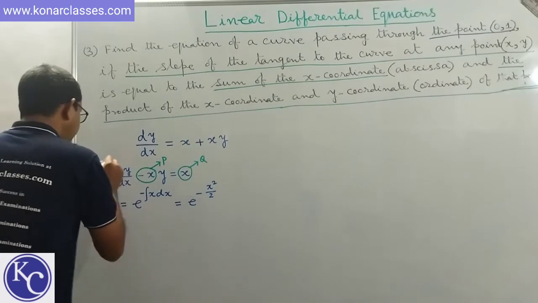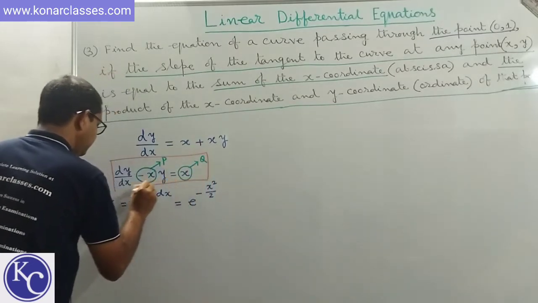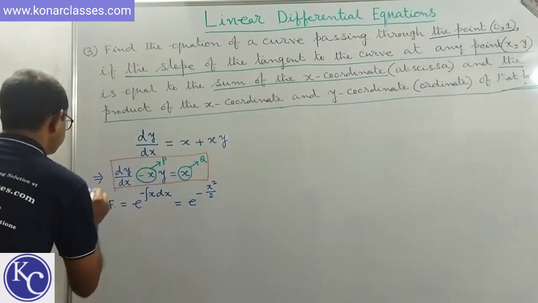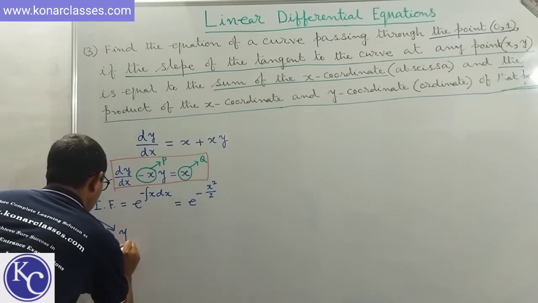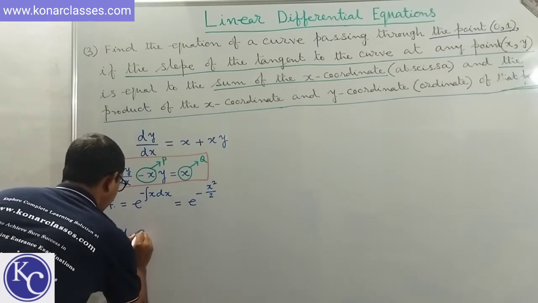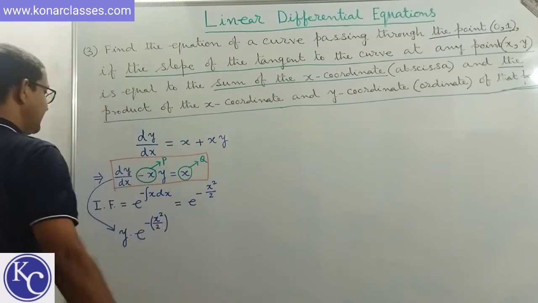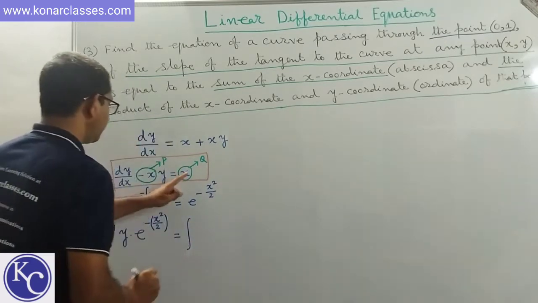The solution of this differential equation, what we can write is y into the integrating factor, y into e power minus x square by 2, is equal to integration Q. What is Q?